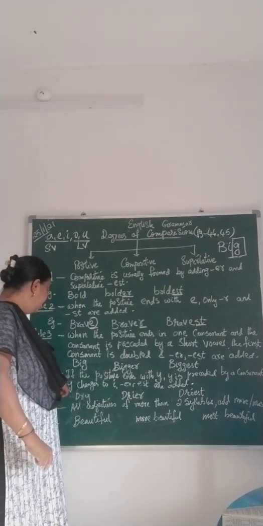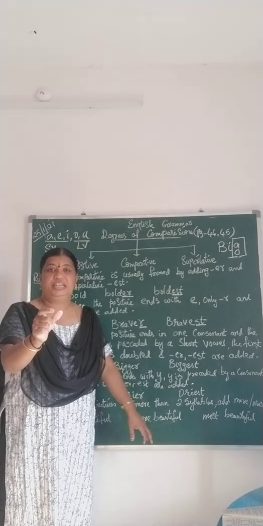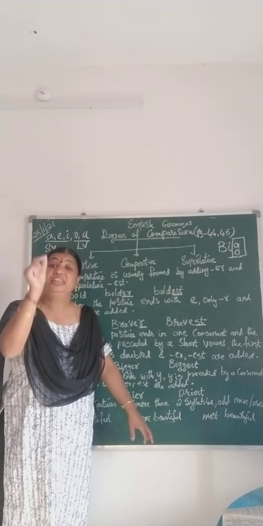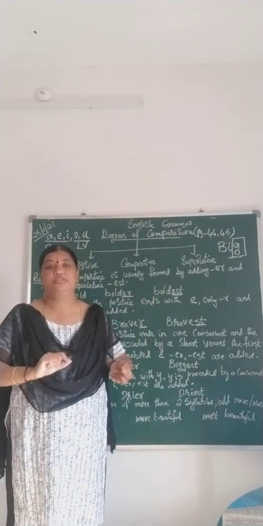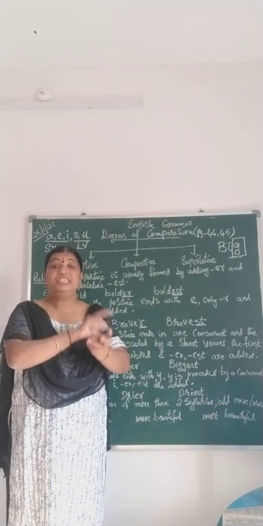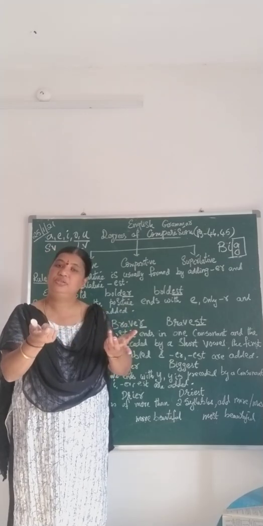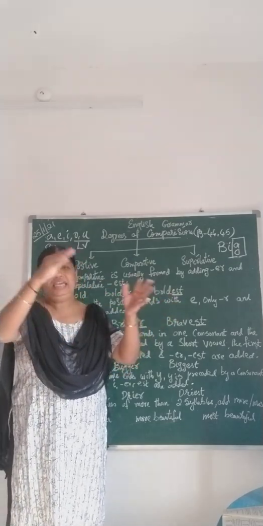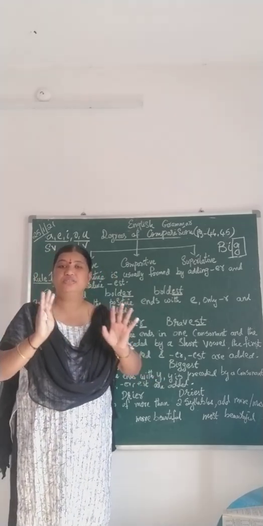Now, if the positive, any adjective, is ending with Y preceded by a consonant, right? Preceded by a consonant, not a vowel. Consonant means, you know, apart from A, E, I, O, U, the remaining alphabets are consonants.